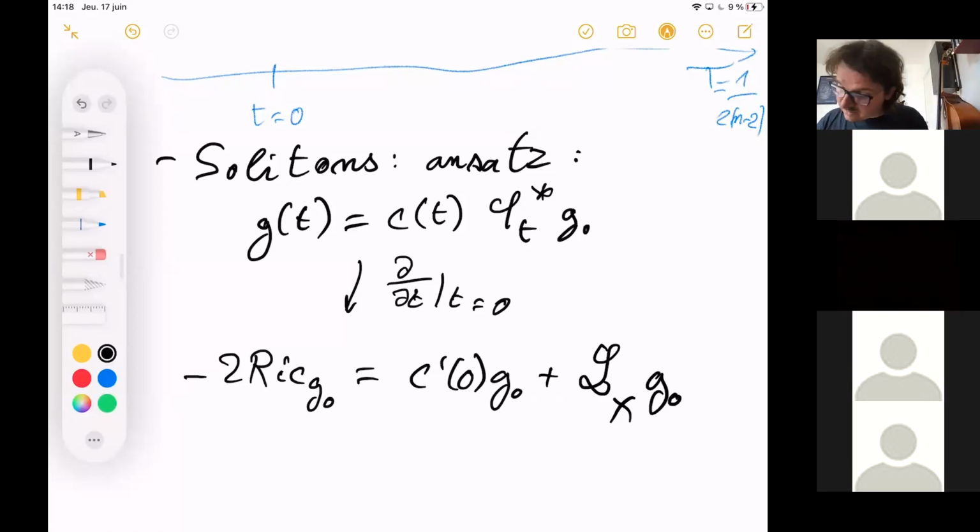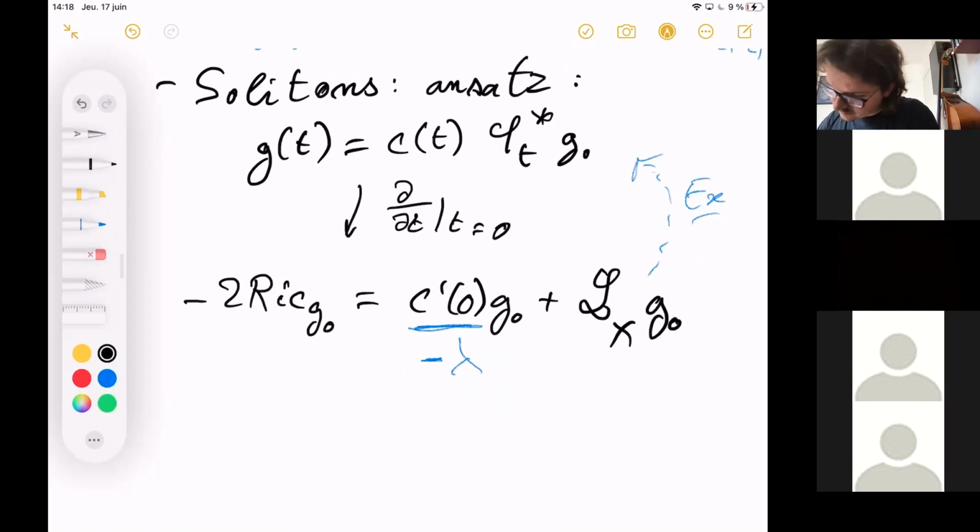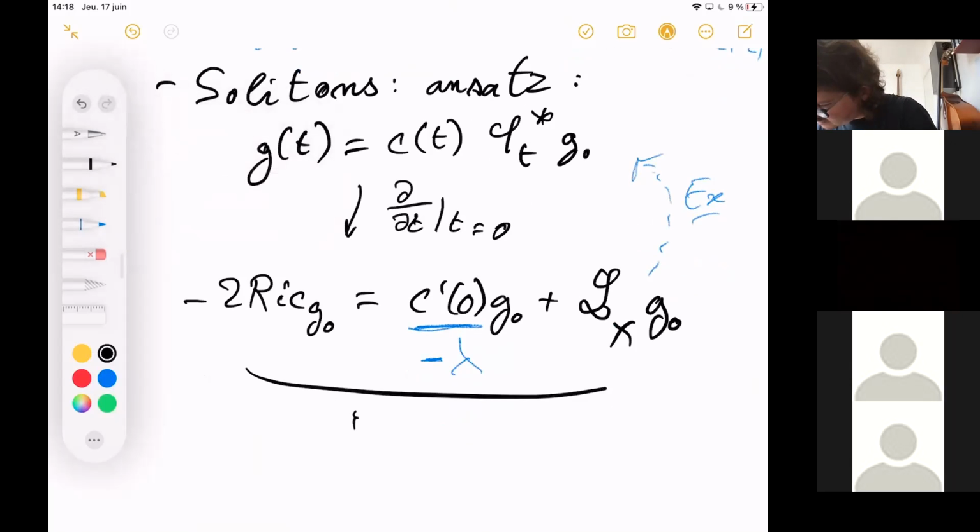And actually it's an exercise to show that you can go back: if you have a metric G0 which satisfies this for some vector field, then you can go back. Usually this coefficient is called minus lambda. And so this is the equation for a Ricci soliton.